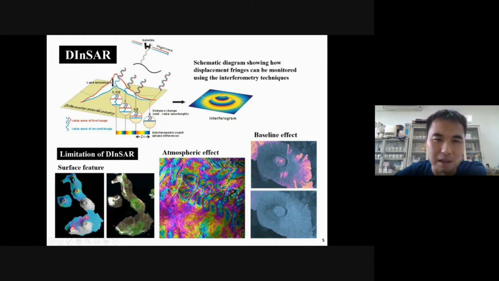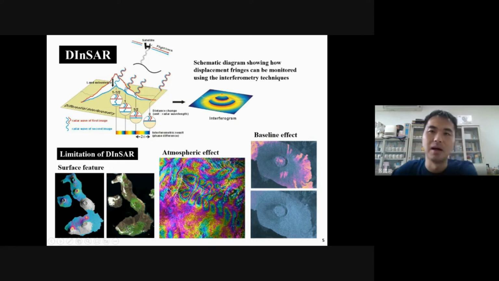But here I just want to emphasize once again that, based on the surface deformation pattern, you will see not only the center of the volcano go down, but also the points at other places go down in this case.